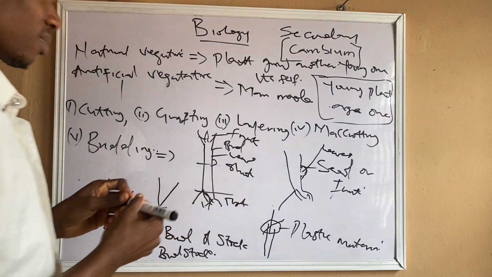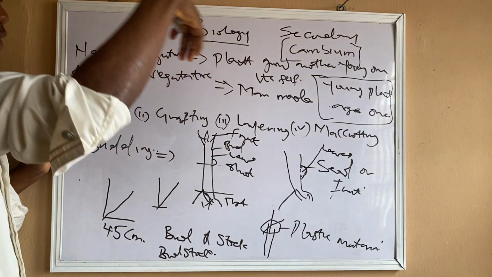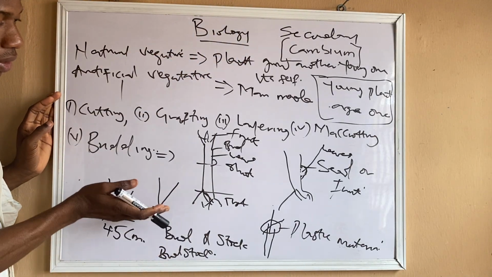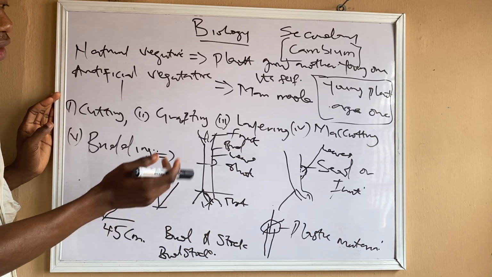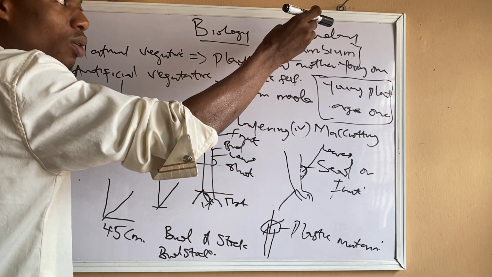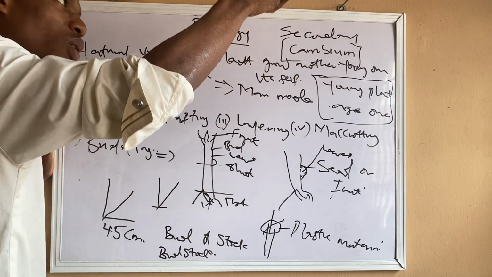The bud is cut from a mature plant, a 5-year or 6-year plant, at angle 45. That bud has cambium, the secondary growth in a plant.